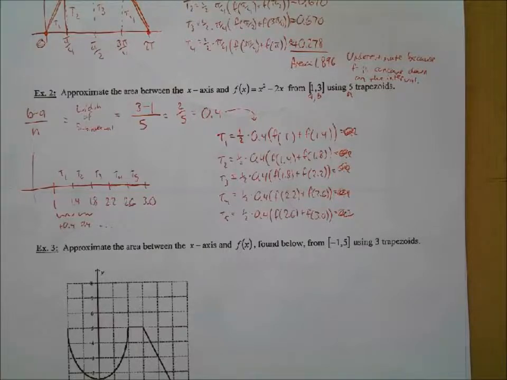Yes. How are you putting it in a calculator? Are you finding f of 1 and then f of 1.4 and then adding it in your head? Yeah, you can do it that way. Or you can just use a calculator to add them up too. There are easier ways. You can be a little tricky with how your calculator does it.